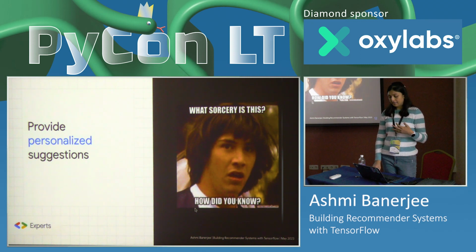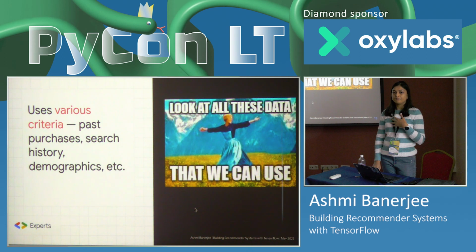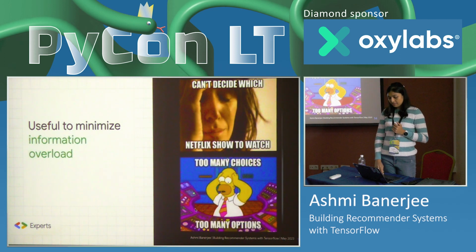They analyze your past user history and all the information available about the users, any relevant data, to generate your user profile: past purchases, demographics, your preferences, your likes, dislikes, everything to build up your profile and then recommend stuff to you. And as I mentioned earlier, it is very useful to minimize information overload. How? I'll show you in a second.